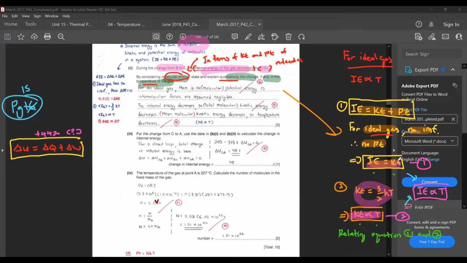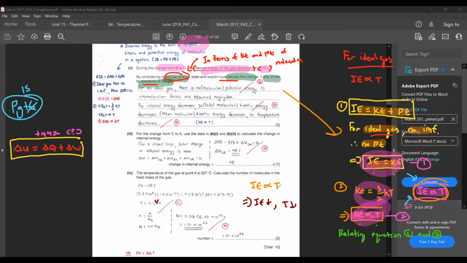If you relate them together, internal energy is proportional to temperature. So if IE is dropping, temperature obviously will drop.